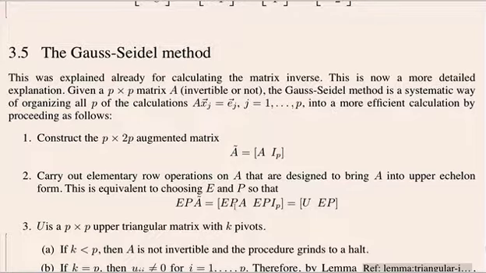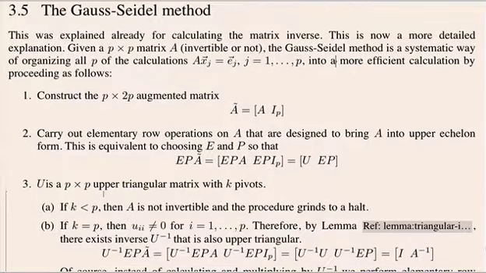U is on the left, upper echelon, and on the right we have E times P. U is a P by P upper triangular matrix with K pivots. If K is less than P, then we cannot get the identity matrix from U, and that means that A is not invertible. So the procedure stops here.